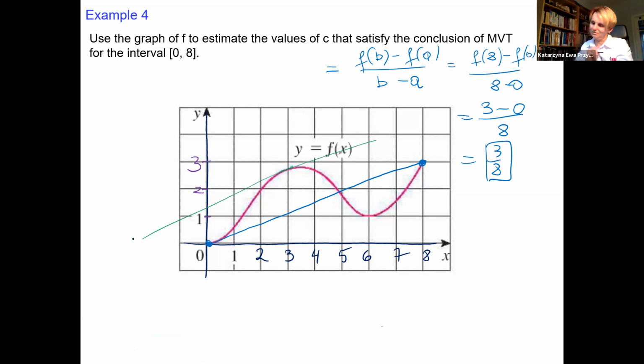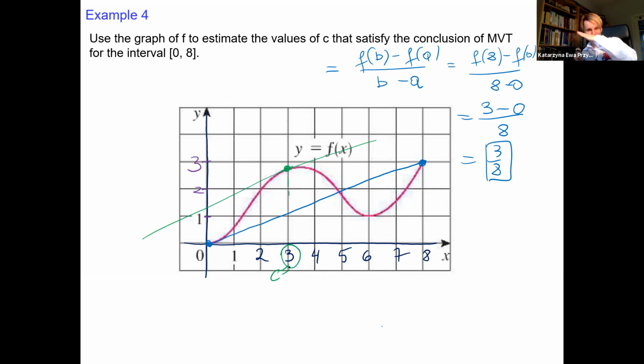Maybe 2.9, actually it looks maybe even 3. I hope they are parallel. But yeah, we can say this is 3. One of the values c is 3.